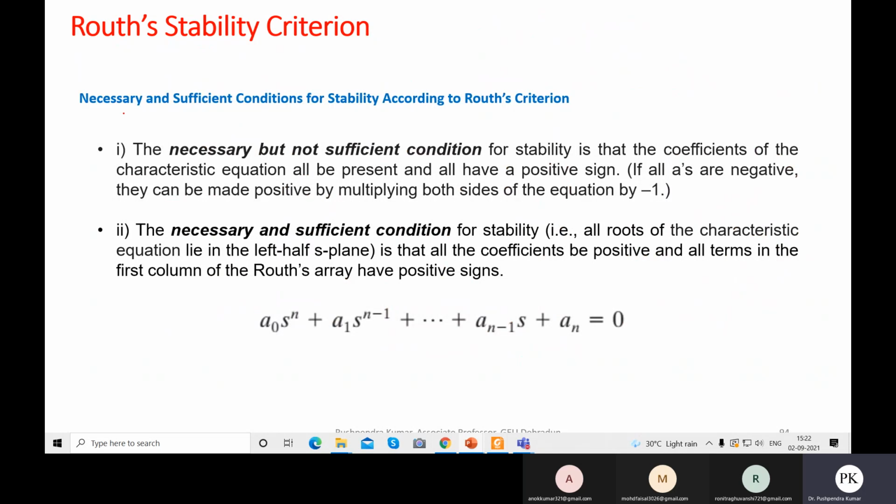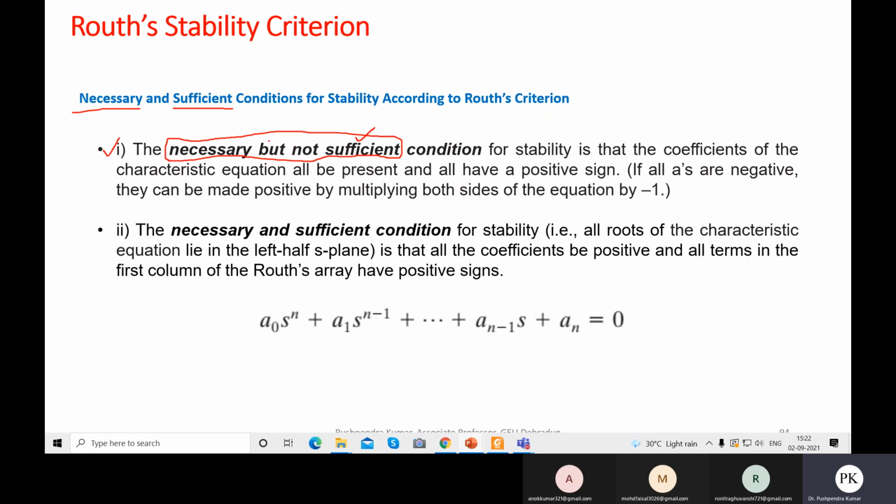In Routh's stability criteria, we have some necessary and sufficient conditions. The first condition I am going to discuss is necessary but not sufficient. This condition should be satisfied for the system to be stable, but it is not sufficient to guarantee that the system will be stable.